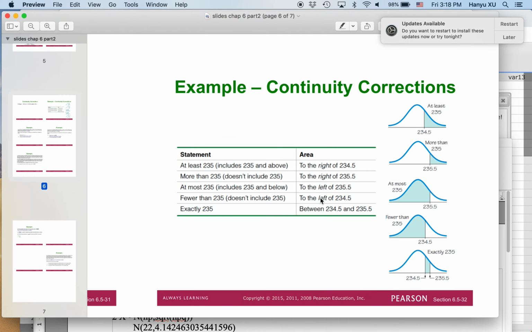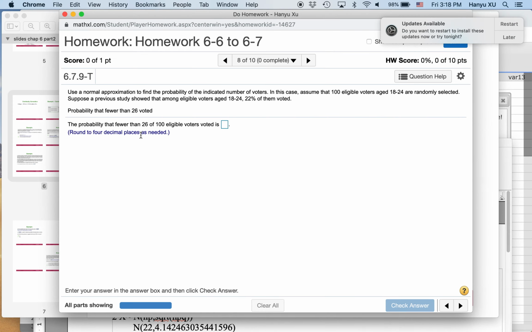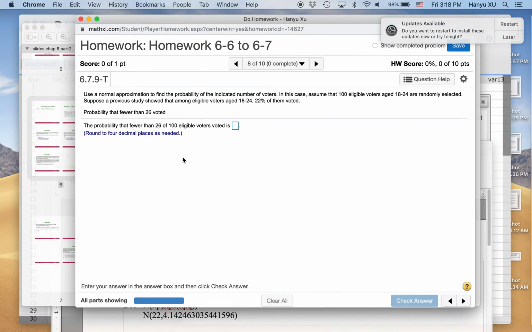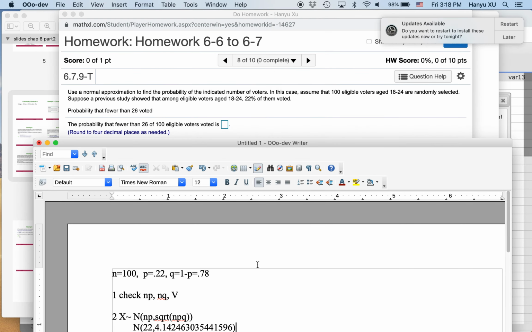If you go to the slides, fewer than, it's the fourth line here, is to the left of whatever value minus 0.5. So in this case, it should be to the left of 25.5.